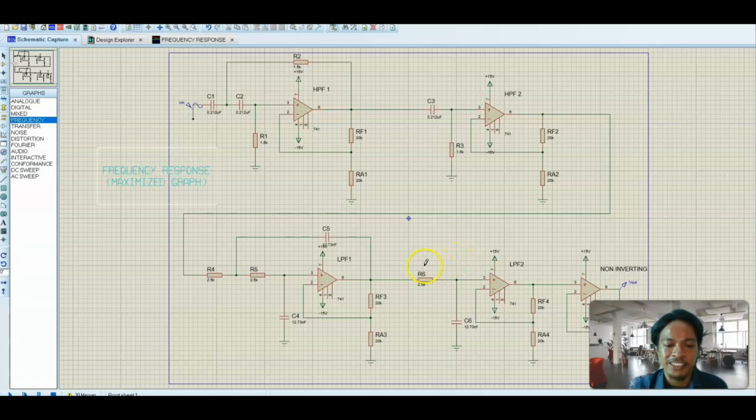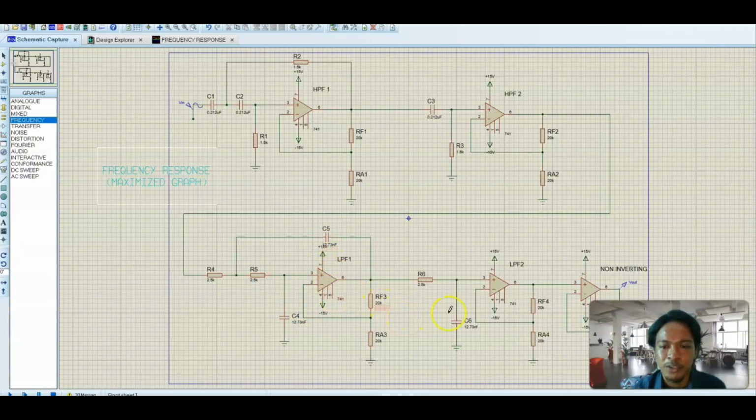For the next stage is the low pass filter consisting of R4 and R5 resistors and C4 and C5 capacitors.